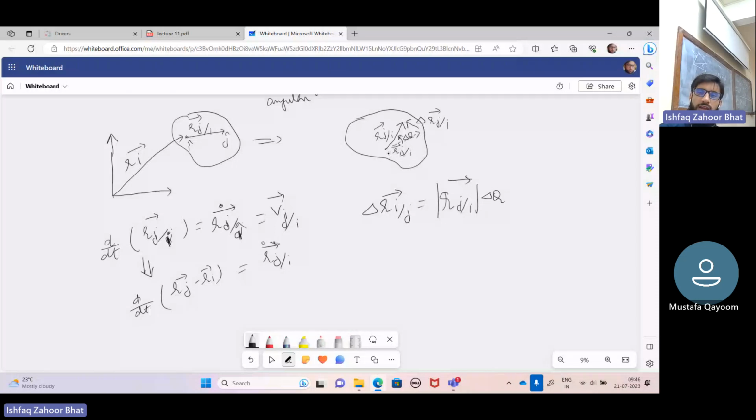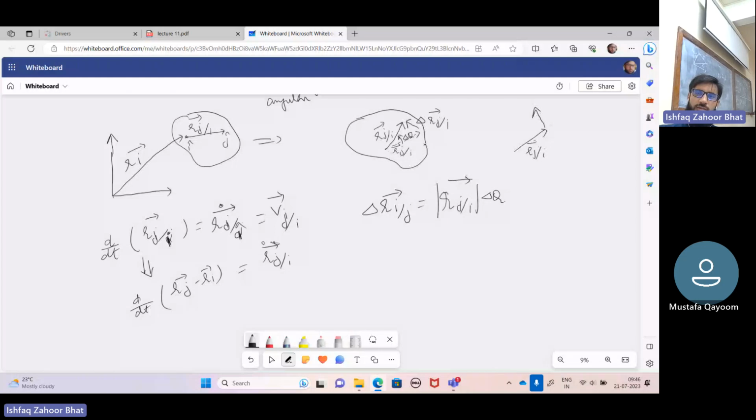And how can we define a vector which is perpendicular to this r_ji? You have to find the unit vector. We have found the magnitude, but we also have to find the direction, and direction is given by a unit vector.